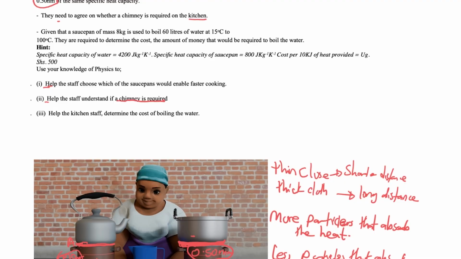And lastly, help the kitchen staff determine the cost of boiling water. Remember, we said in our hint that the specific heat capacity of water is this. The specific heat capacity of the saucepan is 800. And the cost per 10 kilojoules of heat provided. So this is the gist of this question.